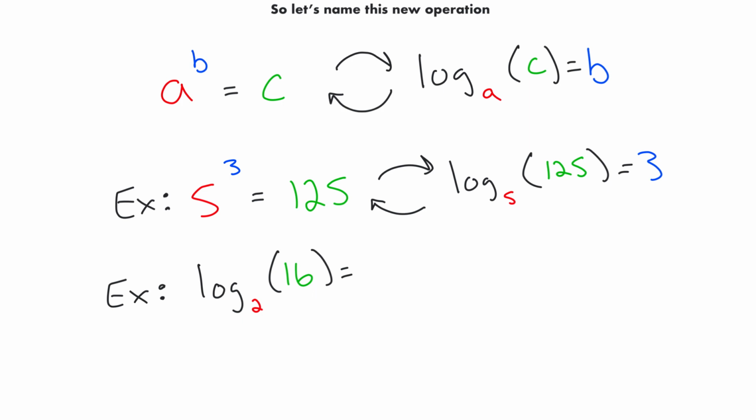How many 2's do you need to multiply to themselves in order to turn it into a 16? The answer is 4. If I wanted to convert that into an exponential, that would just turn into 2 to the 4th power is equal to 16. And again, I could also convert it back into a logarithm if I so choose.